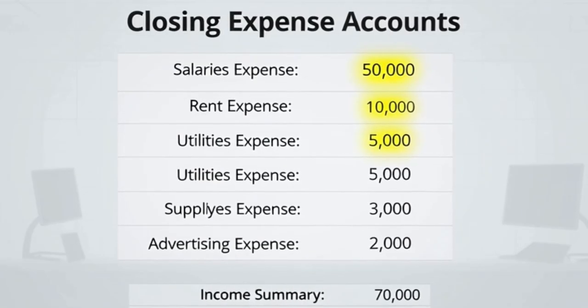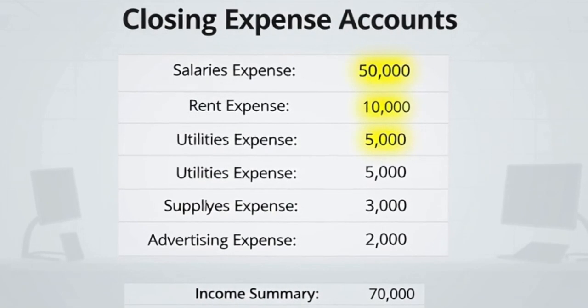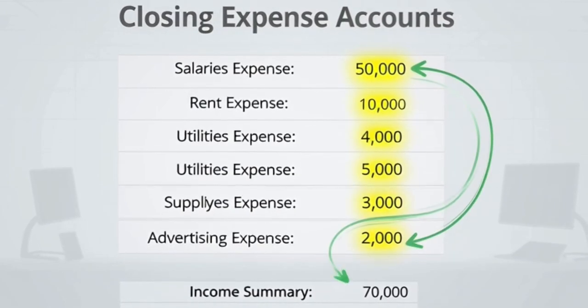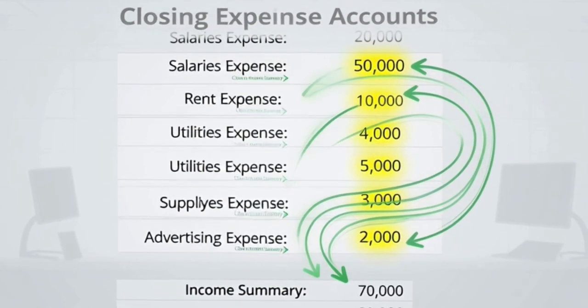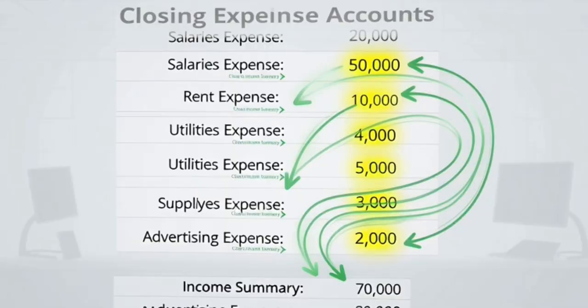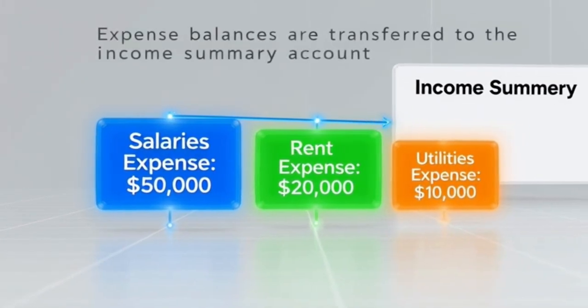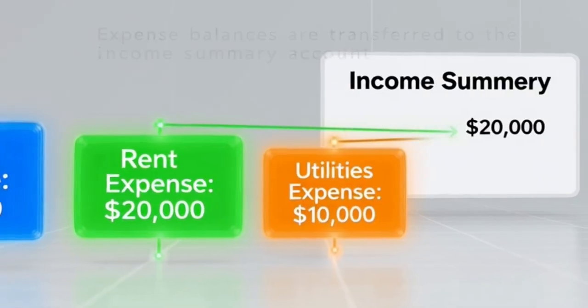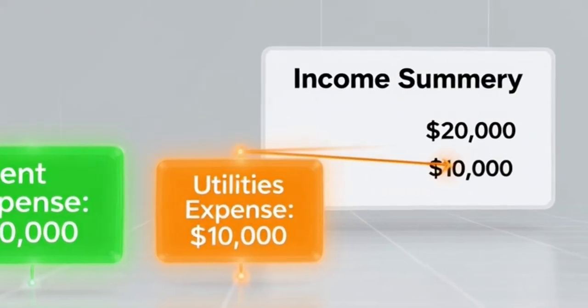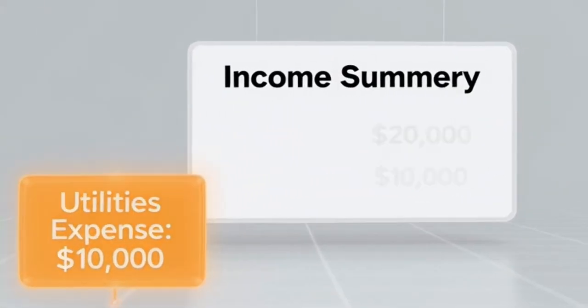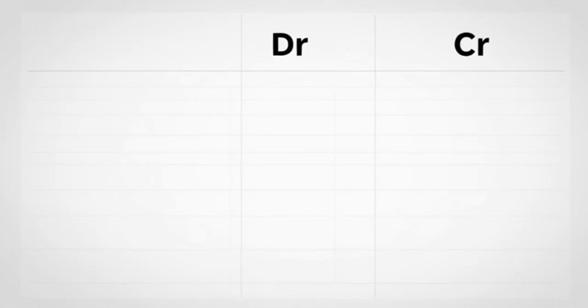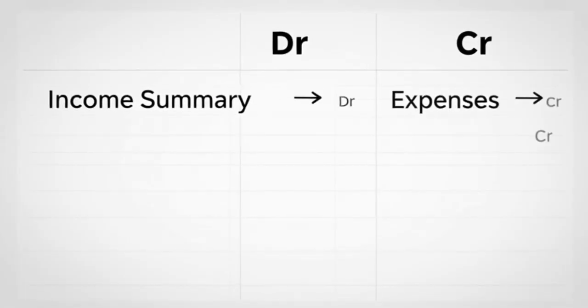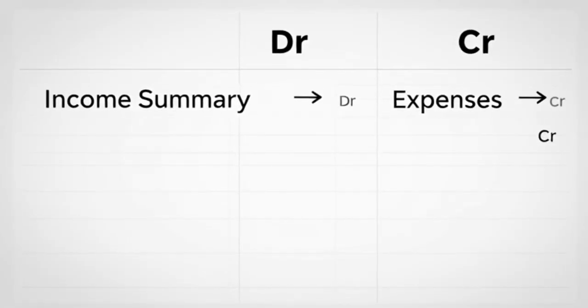Next, all expense accounts are closed. Expense balances are transferred to the income summary account. The journal entry is income summary debit and expenses account credit.